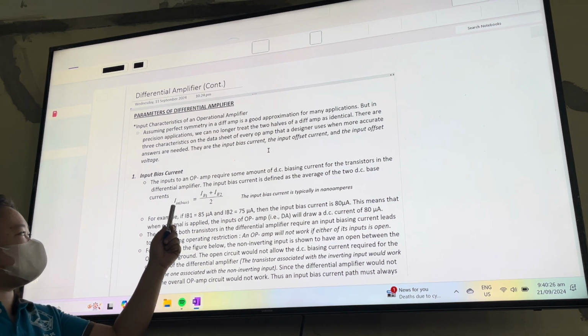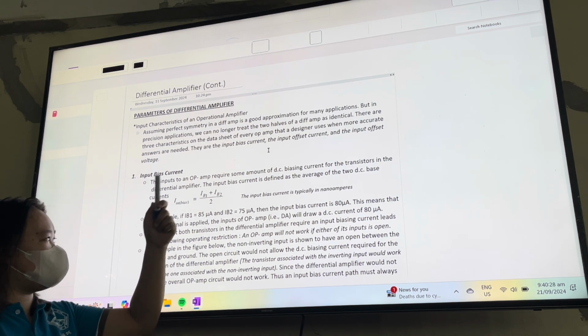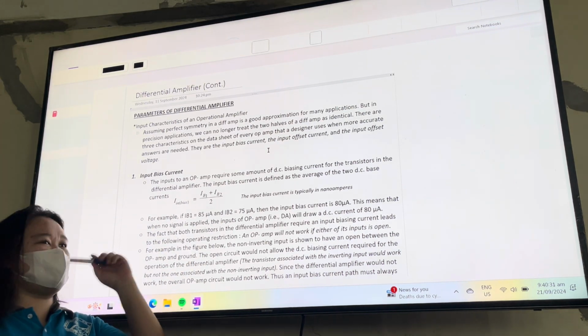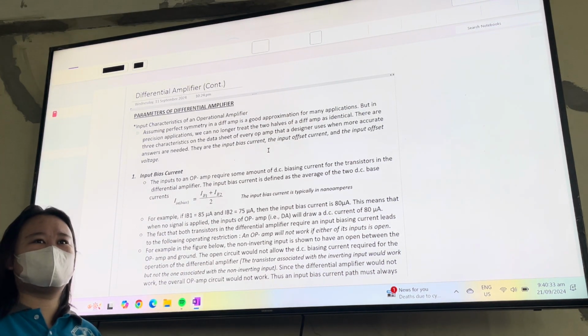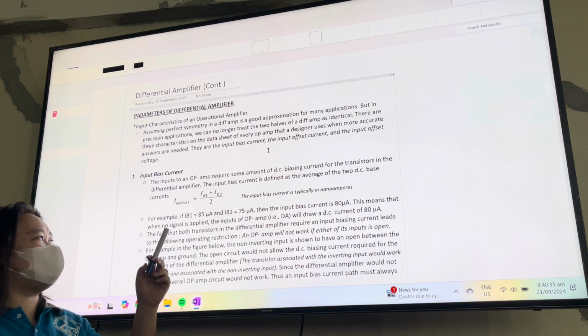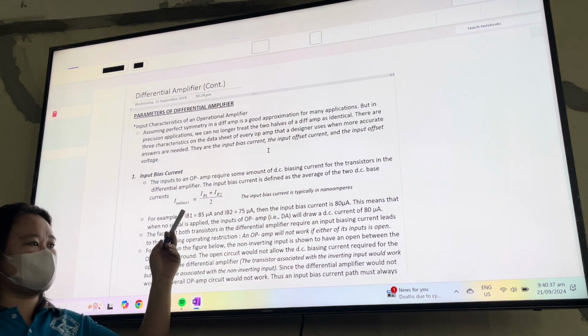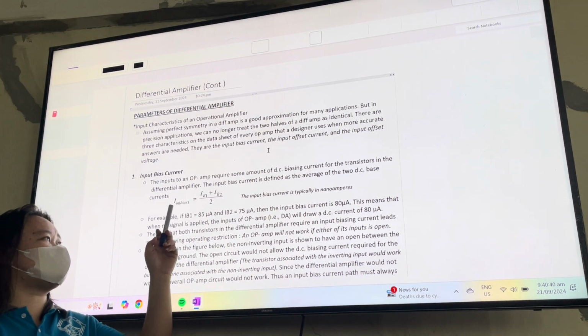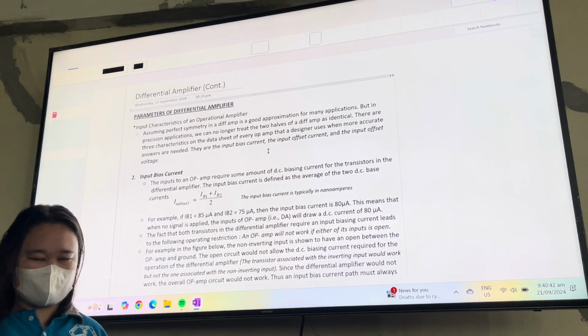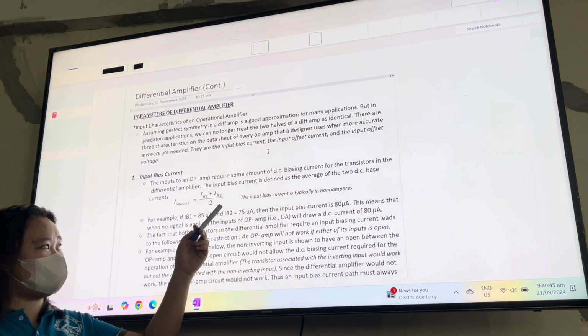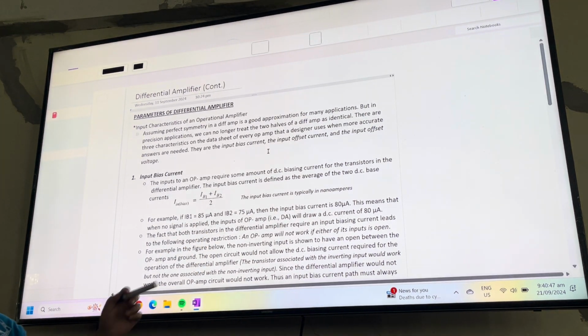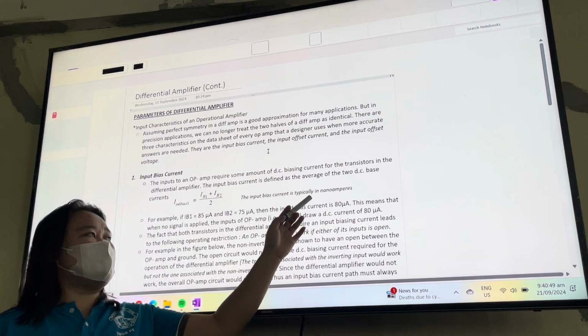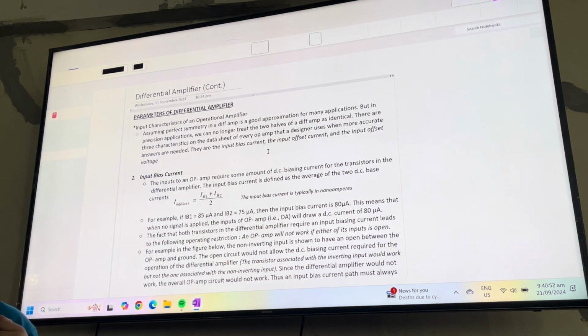So we have the input bias current, I_B. Average: IB1 plus IB2 all over 2. Input bias current is typically in nanoamperes, but it can be in microamperes if nanoamperes is not possible.